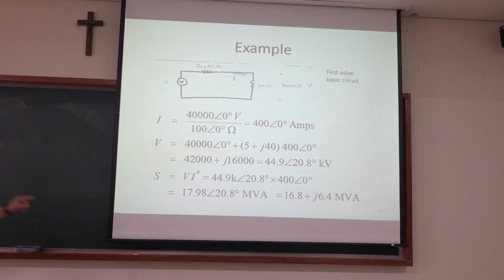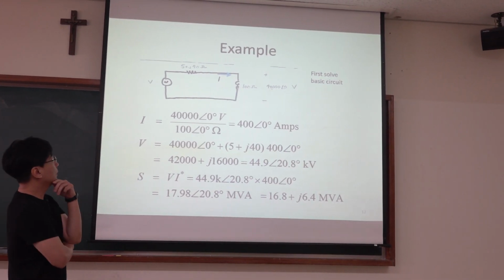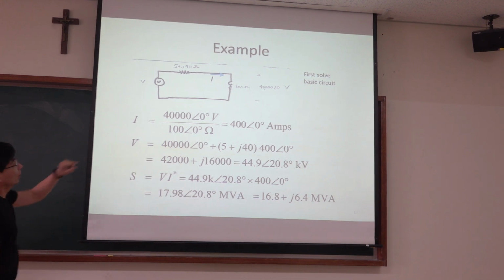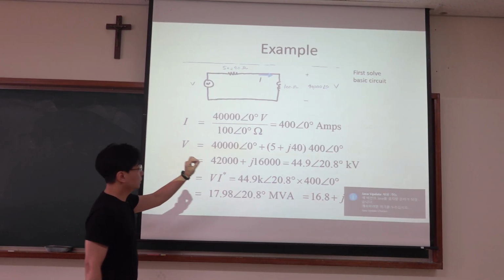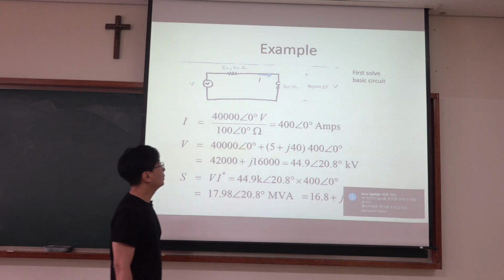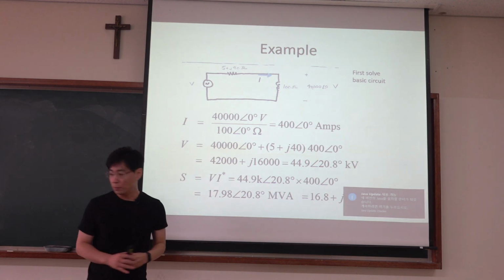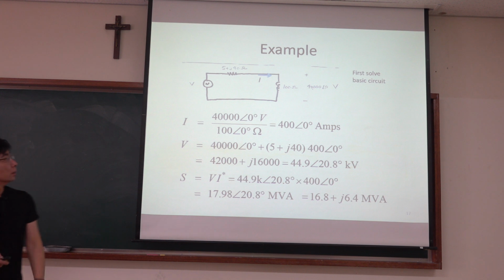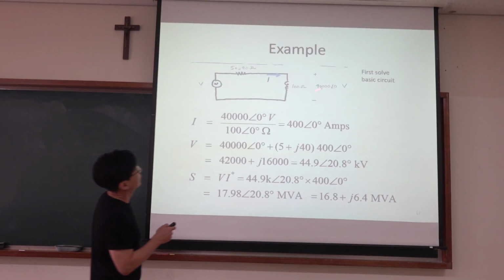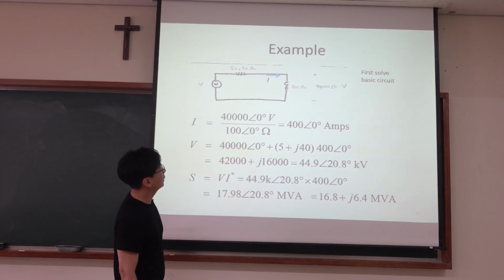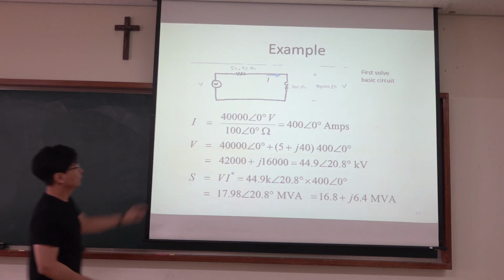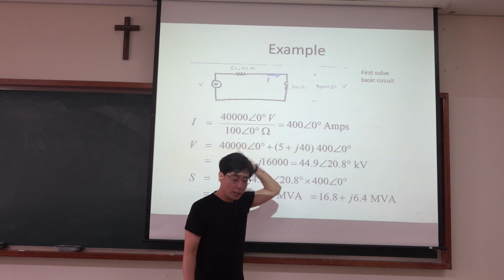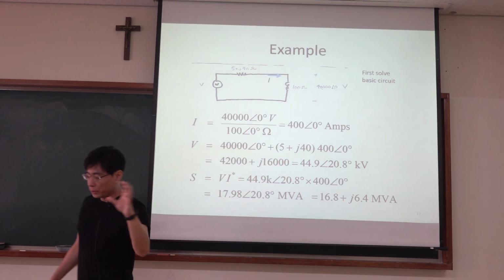We have a voltage source, a line impedance of 5 plus j40 ohm, and the load impedance, or resistance, is just 100 ohm. Here the aim was to maintain the voltage at the load side at 40 kilovolt, since each load requires some voltage.